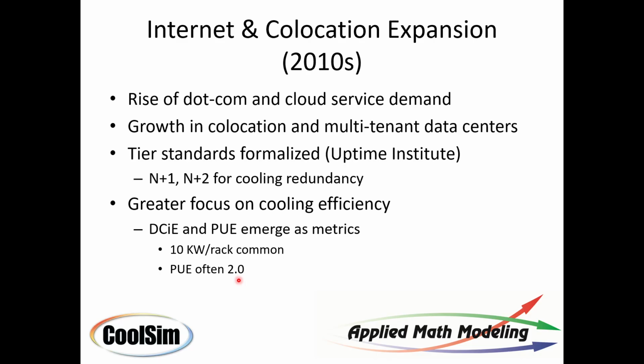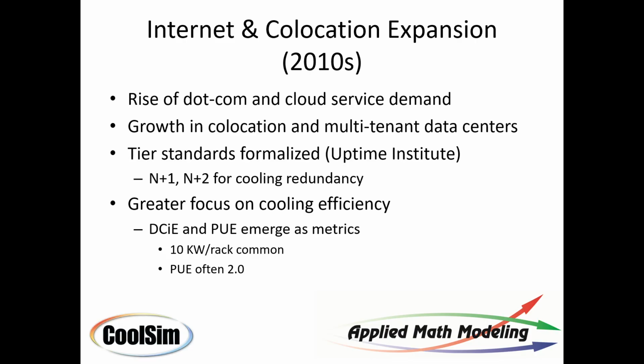And PUE is, again, this ratio. PUE is often 2.0. Now, in the numerator of PUE, you have the IT load plus the energy required to drive the cooling system, divided by the IT load itself. So when you have a PUE of 2.0, it indicates that the cost to cool the data center is equivalent to the cost to power the data center.